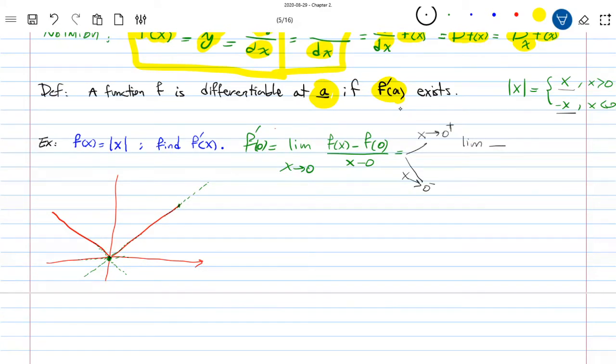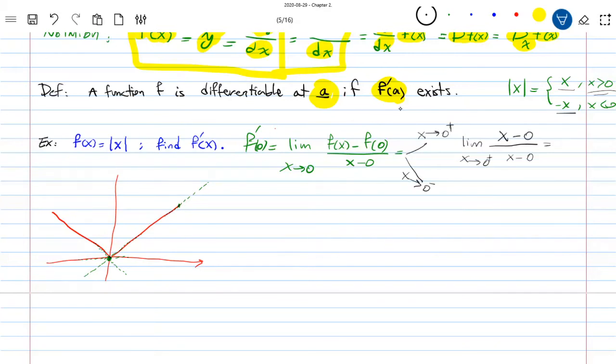So the limit as x approaches 0 from the right side of f of x would be x. This right side would be the first part of the graph, the right part. So x minus the absolute value of 0, which is still 0, divided by x minus 0. What would be this limit?